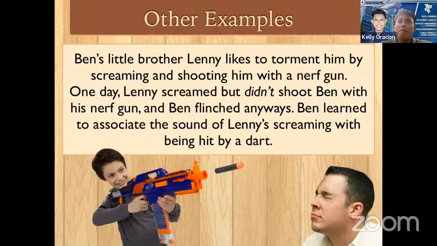He only screamed, but Ben flinched anyway because of the experience that every time he was tormented by screaming and then shooting. So every time Lenny screams, Ben flinches, because Ben learned to associate the sound of Lenny screaming with being hit by a dart.